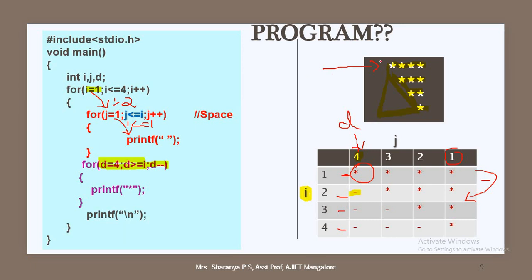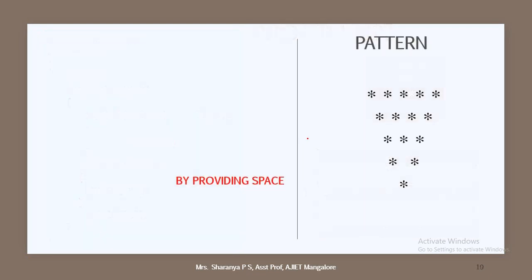With the second for loop, we will be running from 1 till I. As I changes, this space will keep changing. And second, one more condition is that we have to begin this D by printing 4 and then 3, 2, 1 like that. It keeps decrementing.